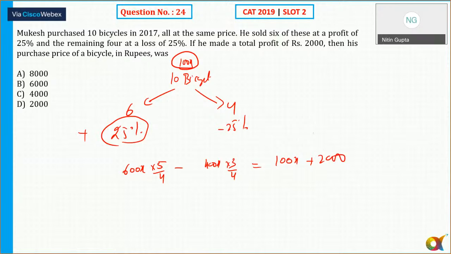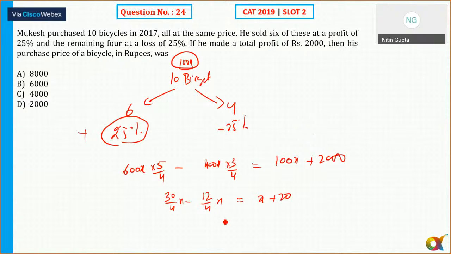Okay. So in any case, 5 by 4 minus 3 by 4, that is 2 by, no, I can't take common, I'll cancel 100, so this will be 6 5 30 by 4x, and this will be equal to 4 3s, that is 12 by 4x. I'm just canceling.